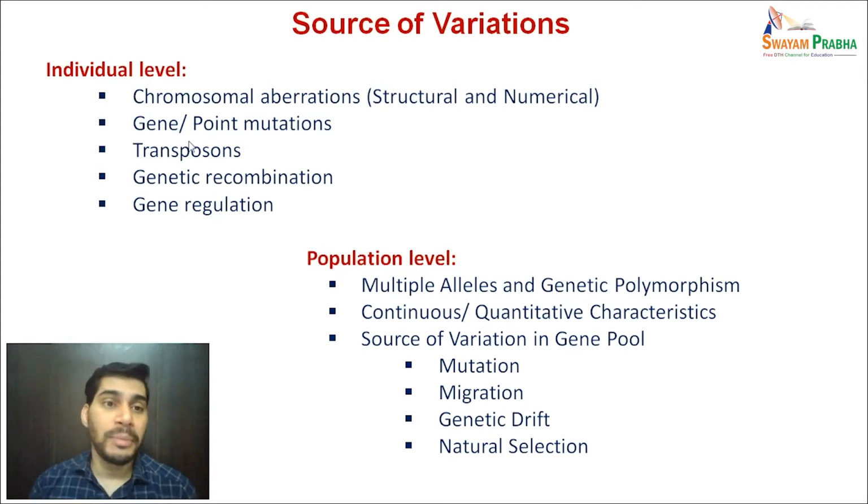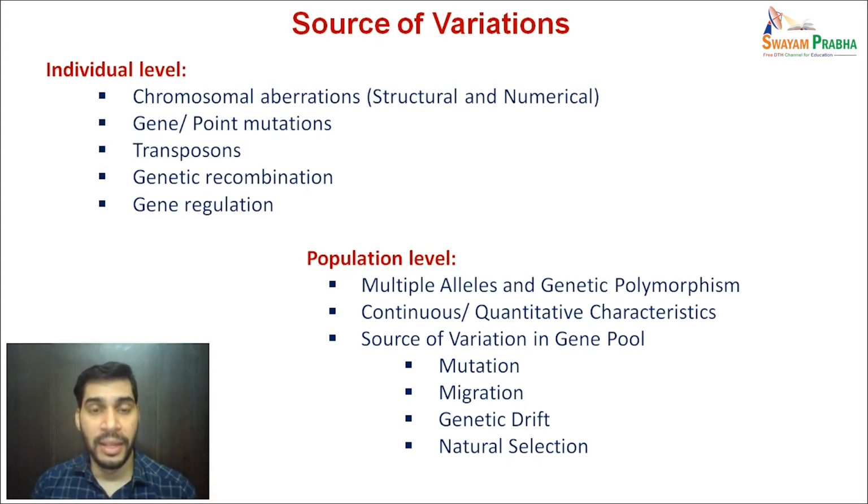Then there can be the gene or point mutations. That means the changes which are occurring in the nucleotides. Transposons are also acting as a source of variation within the individual.